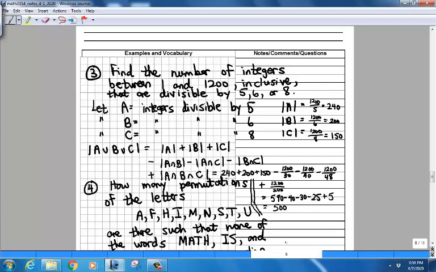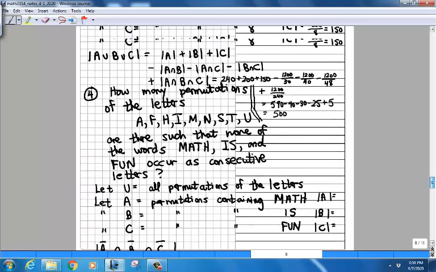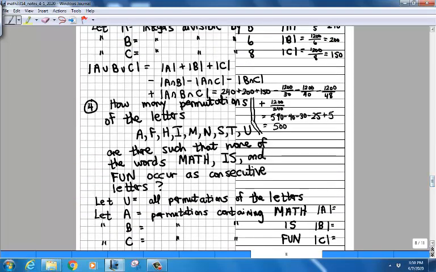Okay, let's now look at an example where we're going to apply Theorem 6. So we're going to solve this problem using complements. Let's see what it says. How many permutations of these letters? I want you to notice there are 9 letters there, and we are fortunate that all of those letters are different.